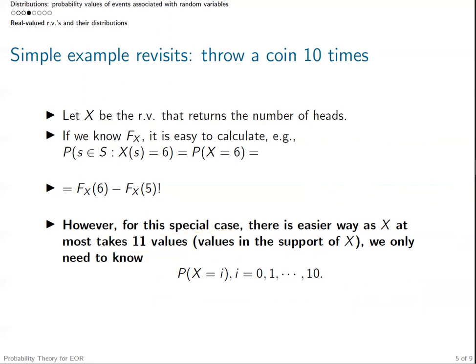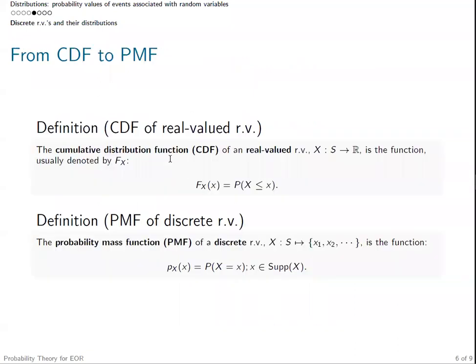So for a discrete random variable, indeed, we have something simpler to look at, which is the probability mass function. For a real valued random variable, the CDF specifies the whole distribution. But if it's also a discrete random variable, then we only need to know the probability mass function to know the whole distribution.